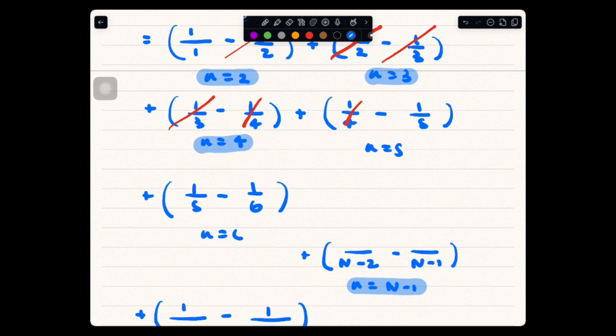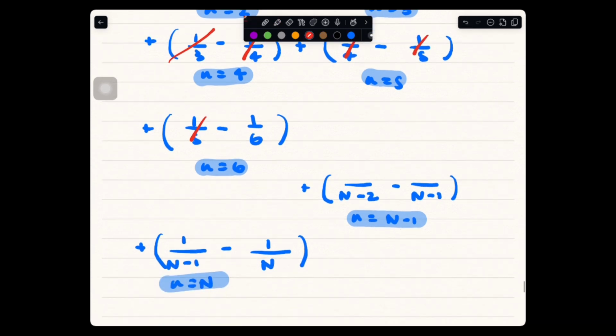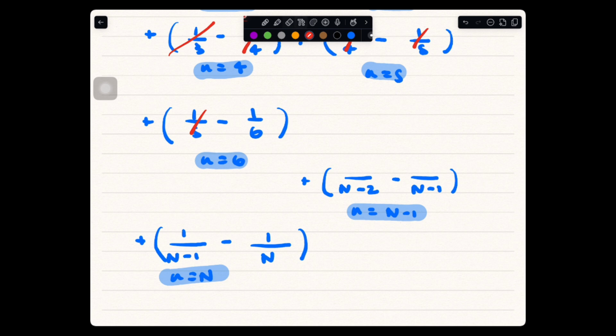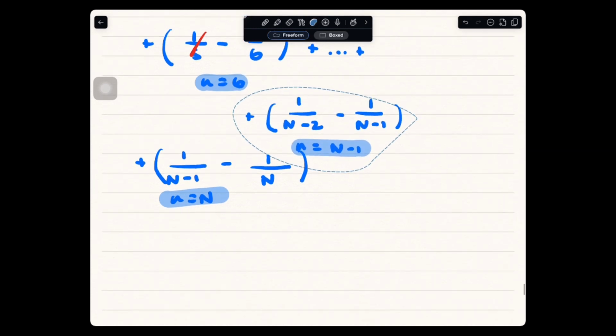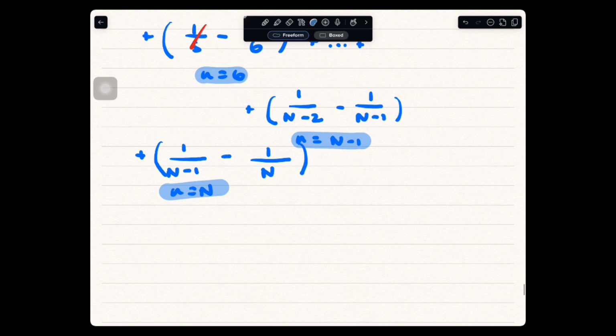If n is 6, as we look at those terms, what do we see going away? And so now, going up to this n minus 1 term, and the n term.